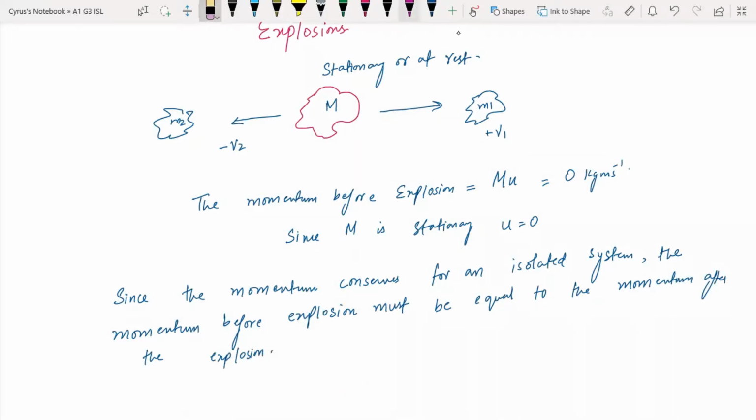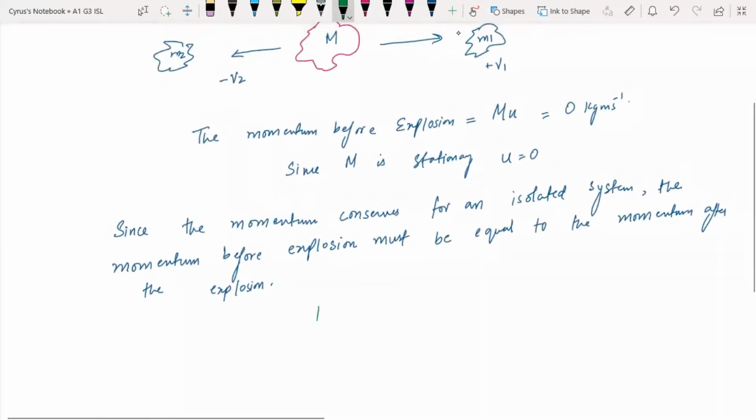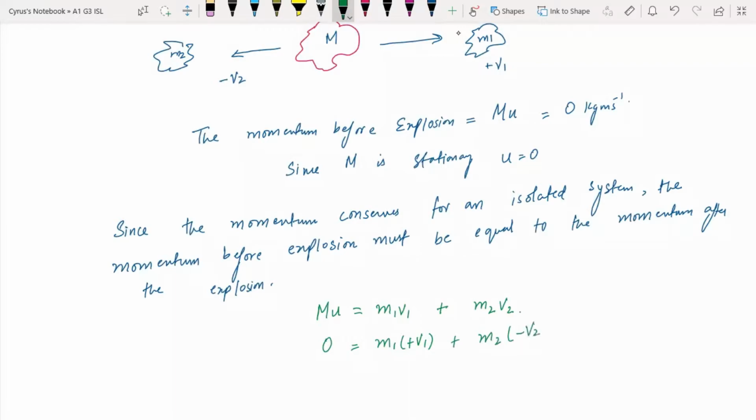So we can have here mu is equal to m1 v1 plus m2 v2, and you know that this is 0 and v1 is positive because it is going towards right. v2 is bound to be negative.